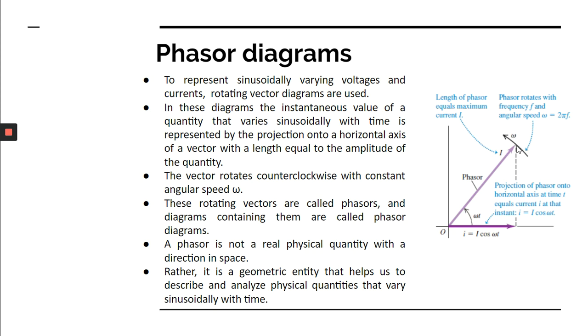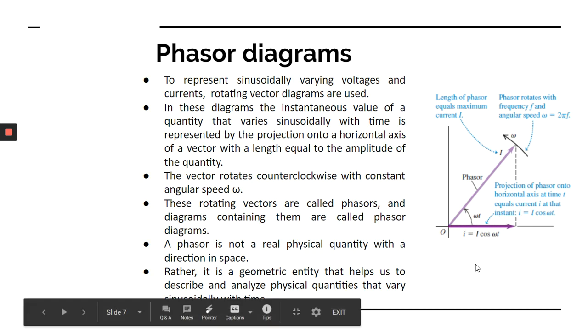Now at a particular instant, if this is your omega t and you draw this perpendicular, this is the projection, and this value is the instantaneous value of the current. If you consider the geometry, this is omega t and this is I, so obviously this is your I cos omega t.